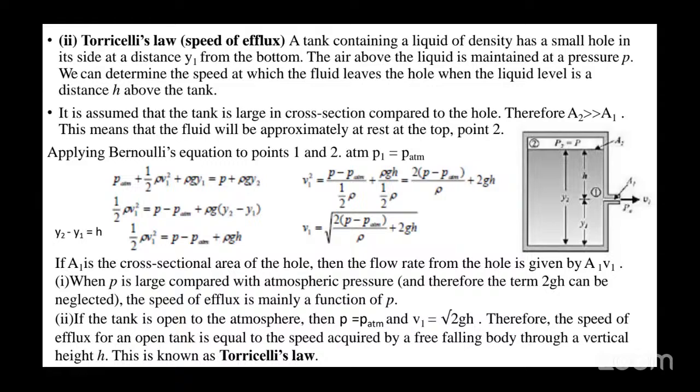The speed v at which the water flows out of the hole is v1 equal to the square root of 2(P minus P atmosphere)/rho plus 2gh.